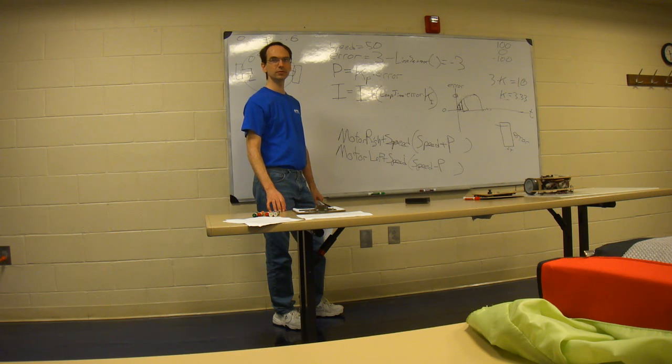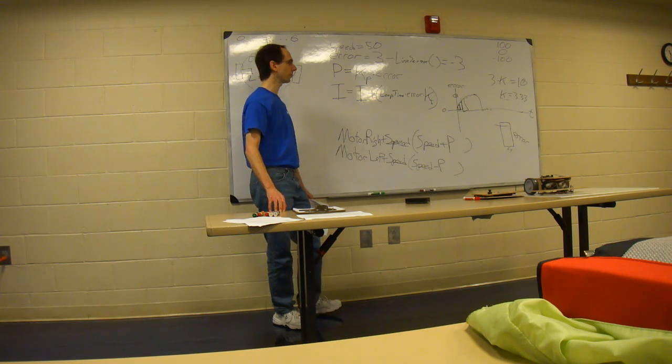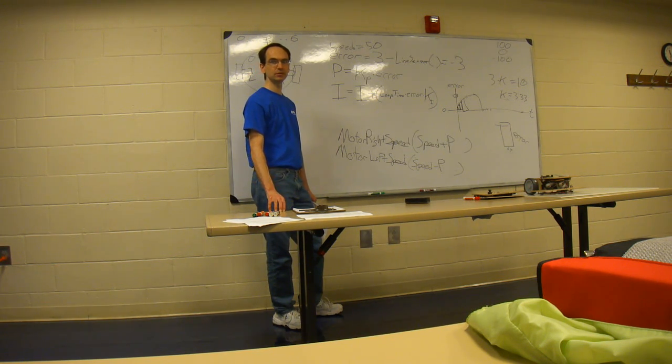Because in order to maintain 0 error, you would need more power to run at the same speed, and thus more error, but I'm not sure that would actually apply. Proportional would take care of that. But the example of going in a circle, I think, is the best example I can think of.